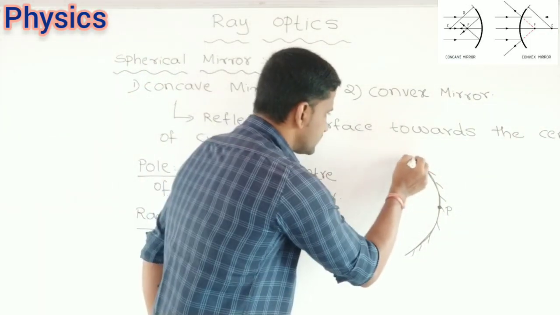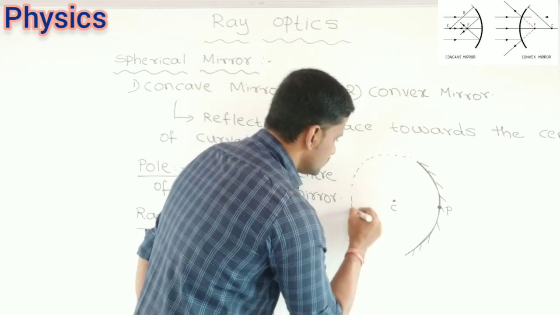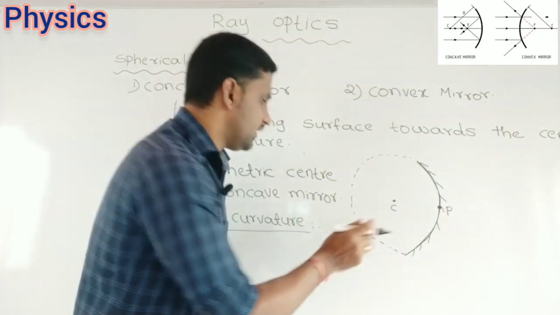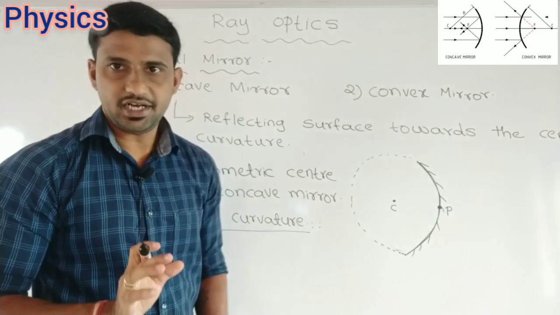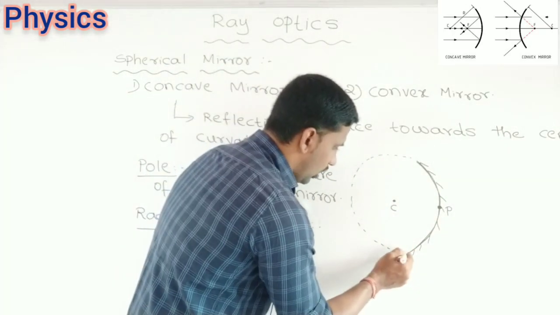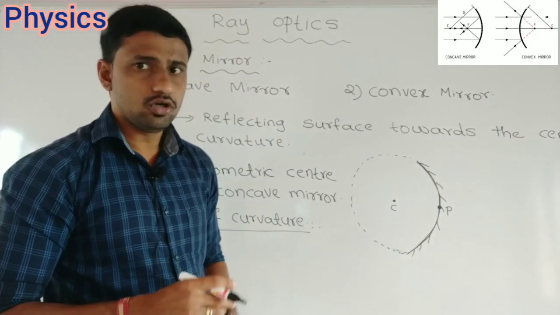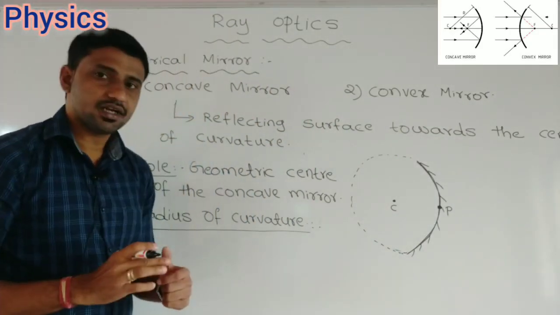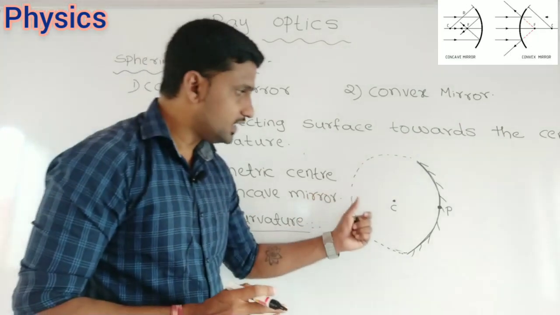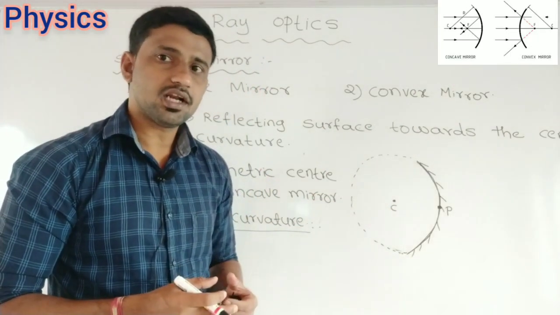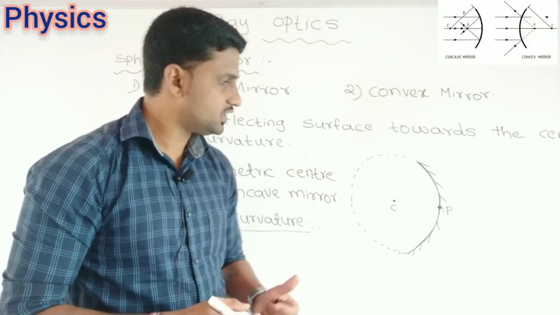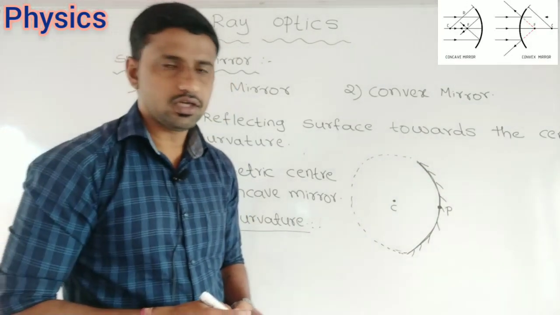If I extend this, I get one sphere, and that sphere has one particular radius. So how to represent the radius? The radius of the concave mirror is the radius of the sphere of which the mirror forms a part.